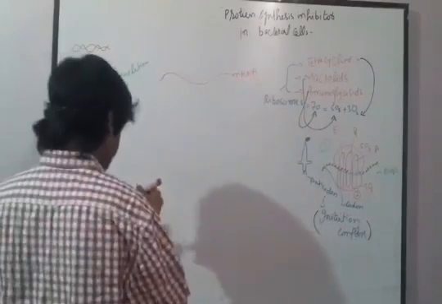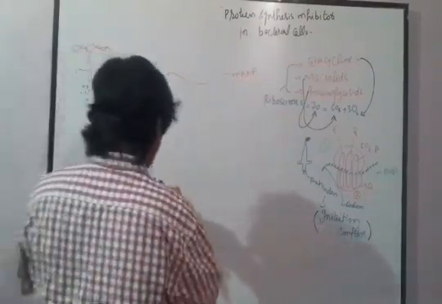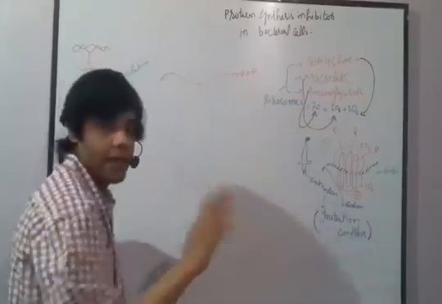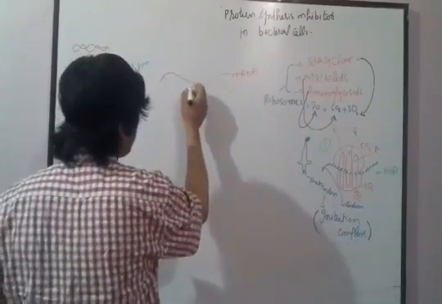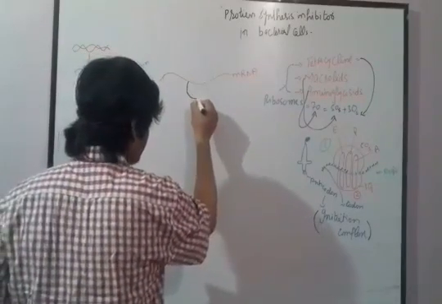As I told you, this messenger RNA contains codons. First of all, the 30S subunit will bind to that area.